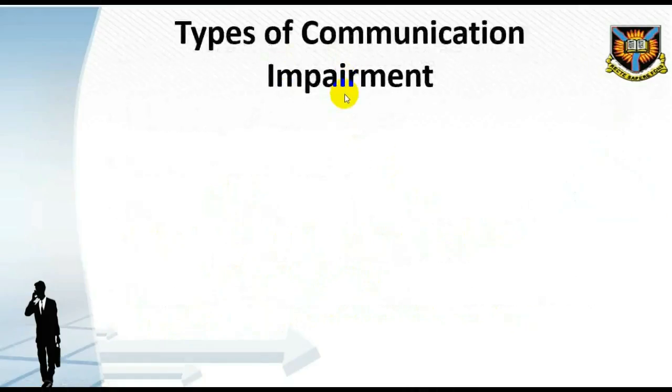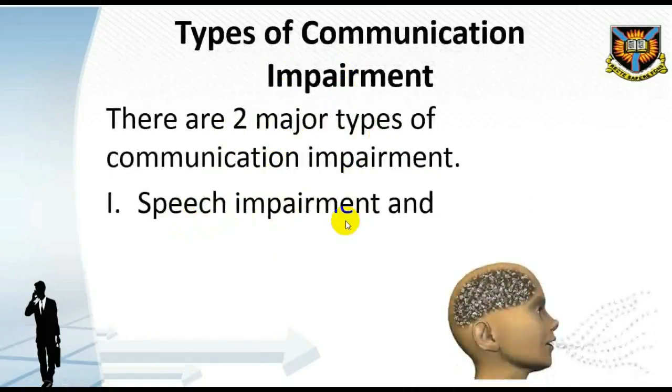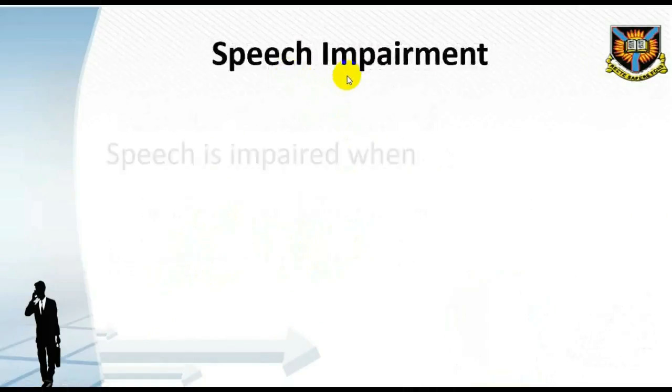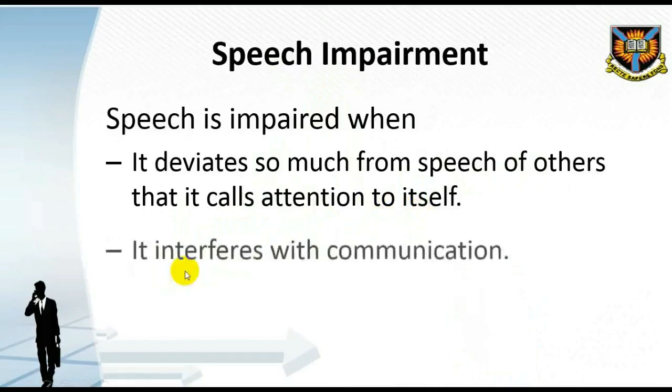Types of communication impairment. There are 2 major types of communication impairment: 1. Speech impairment, and 2. Language impairment. Speech is impaired when: 1. It deviates so much from speech of others that it calls attention to itself. 2.